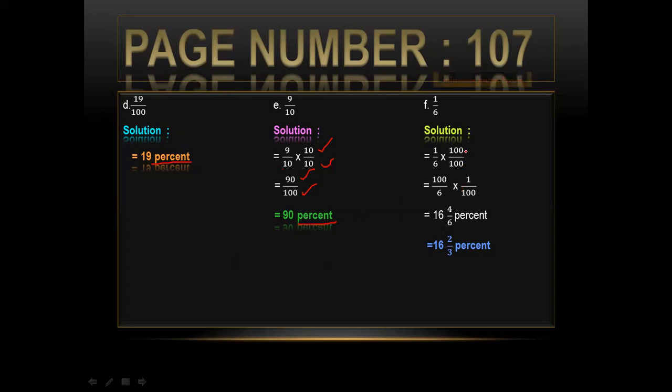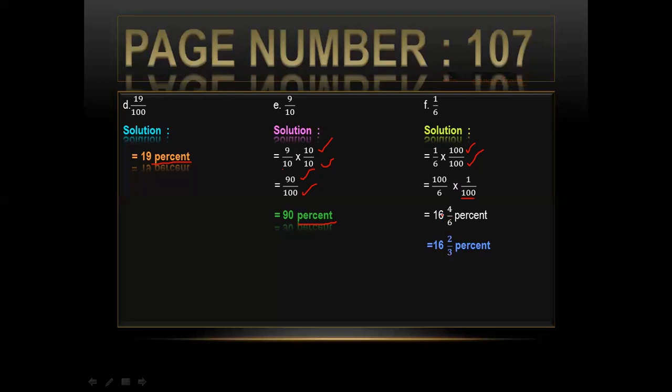In part F, this is the same case that we did in part C. 6 is there and we cannot convert 6 into 100. For this, what will we do? We multiply and divide it by 100. In the numerator 100 and in the denominator 6. We separate the other 100 which is in the denominator, and write it as 1 over 100.